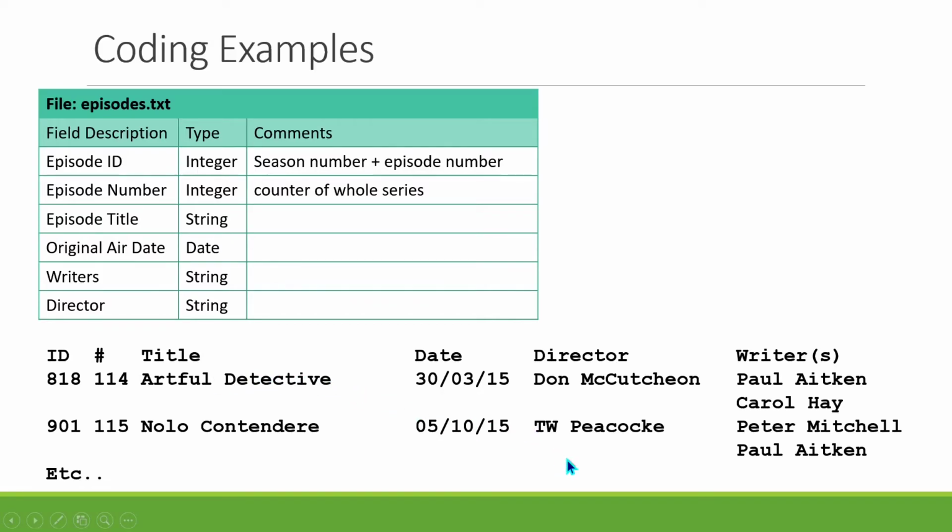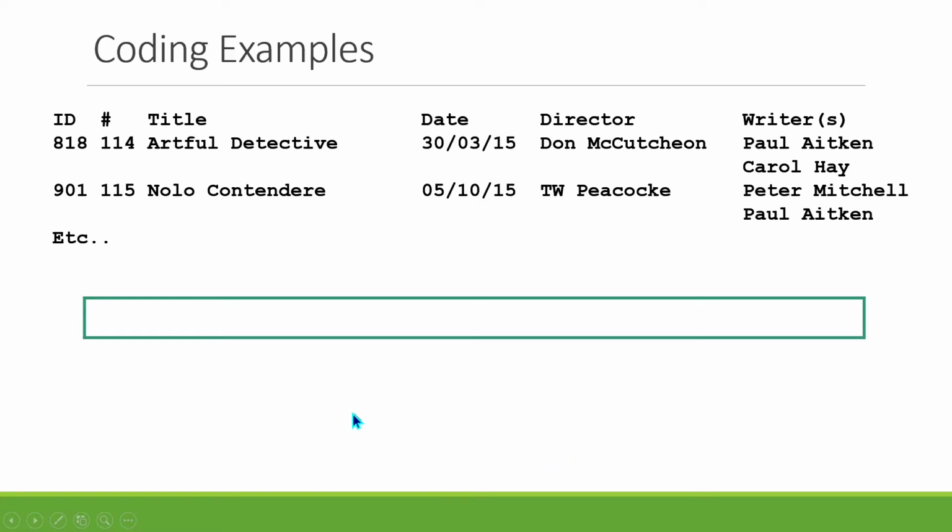So I did one. So what I did was I imagined a row of what my output would look like. And so my first bit of output, that's going to be the episode ID. Some of my episodes, because the series I chose they're just about to make season 14, I think. So that means some of the episode IDs are going to have 4 digits. So I did 4 digits for the episode ID, followed by a space.